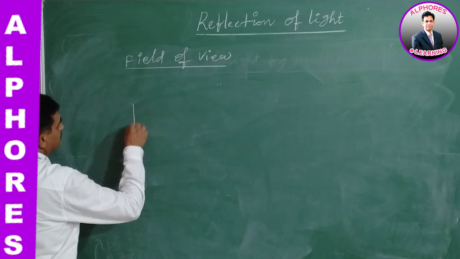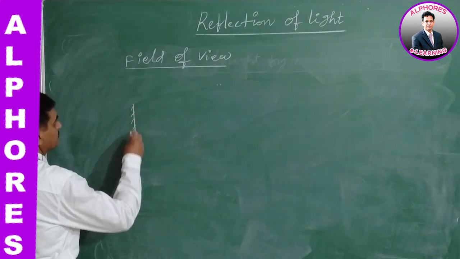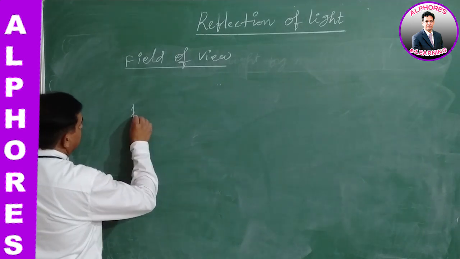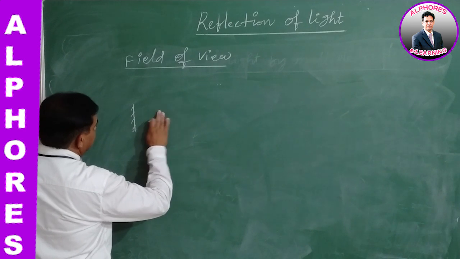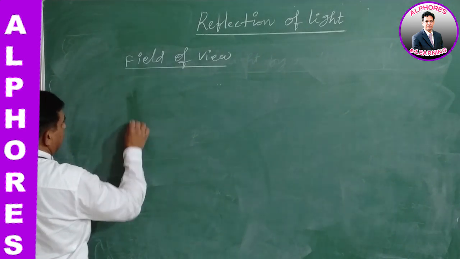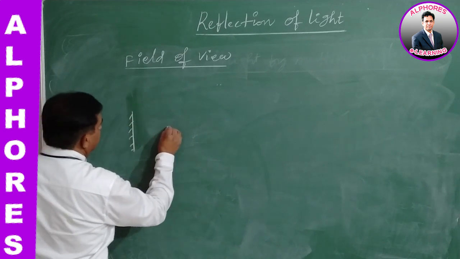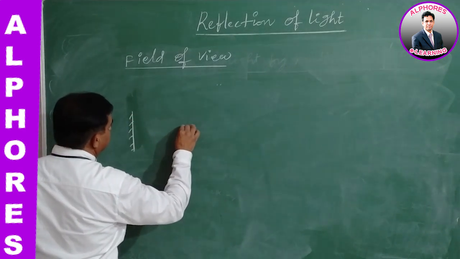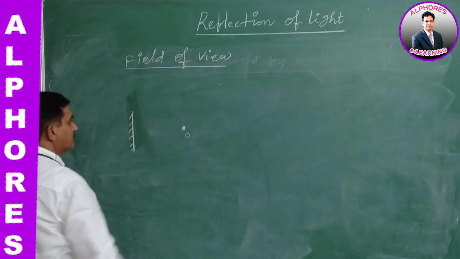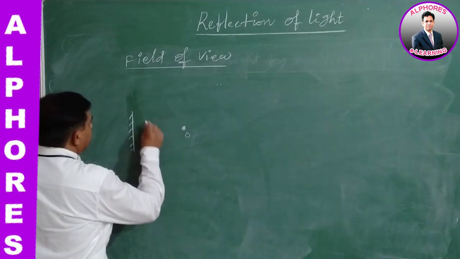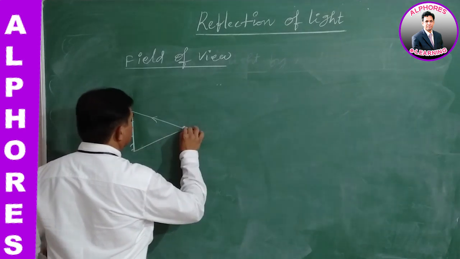Let us consider one plane mirror. From this plane mirror, an object is kept symmetrically. This is the object. Now, a ray of light is incident on this plane mirror.